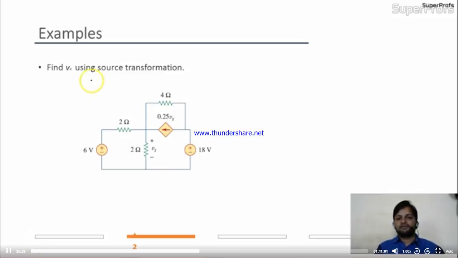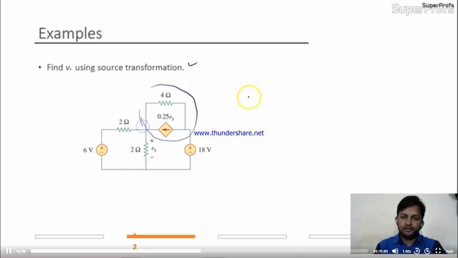This is again a source transformation based problem, and will you do it or shall I take it for you? Okay, I'm taking it. We'll apply the source transformation here. See this, I can apply source transformation over here.